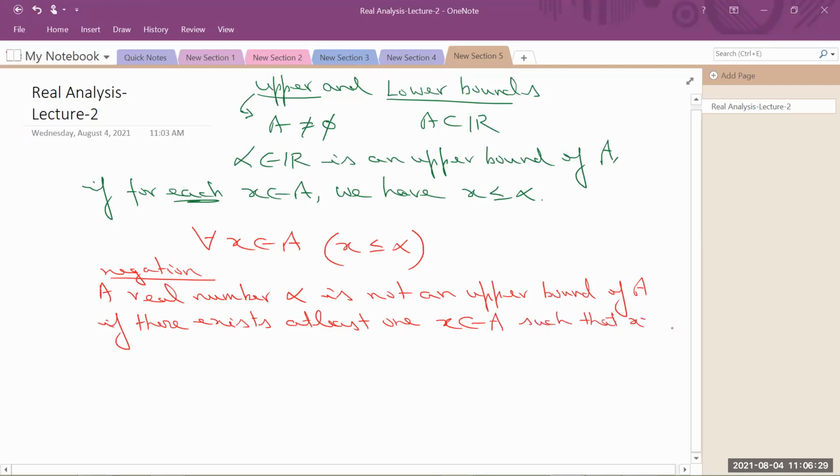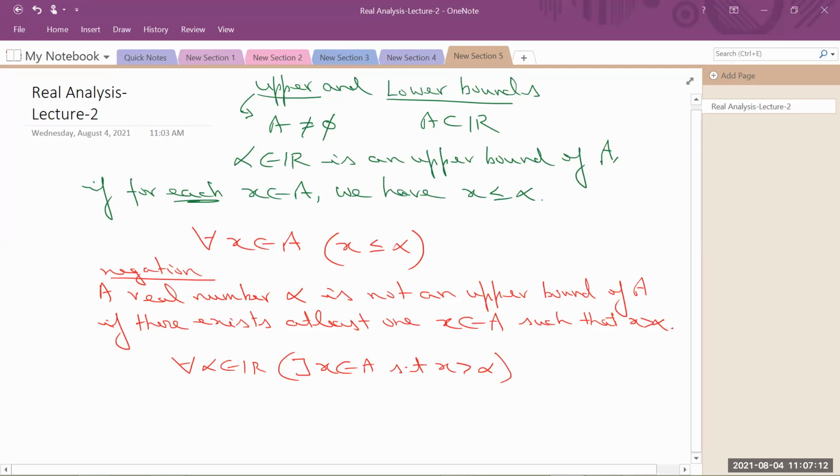So we have seen this. And in the form of quantifiers, we will write this as follows.